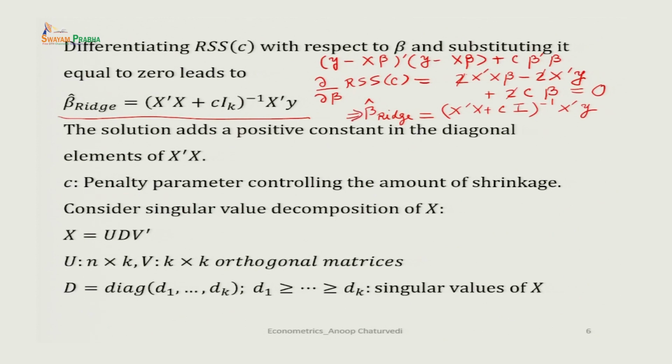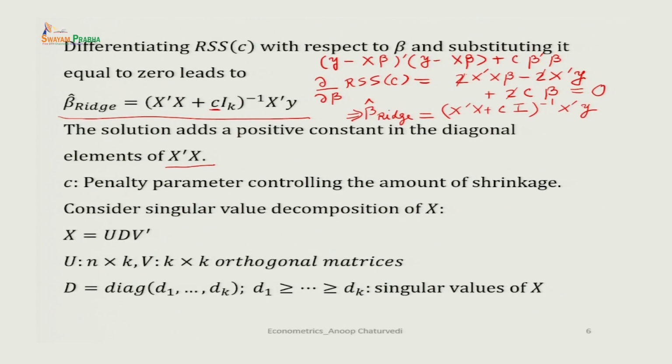The solution adds a positive constant to the diagonal elements of x transpose x. We have C here, so we have added C to each and every diagonal element of x transpose x, and C is the penalty parameter controlling the amount of shrinkage.